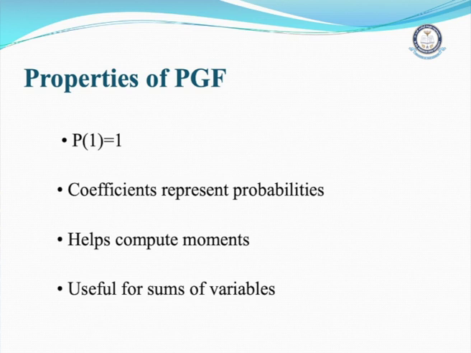The coefficients represent the probabilities, and it helps in computation of the moments, and it is useful for sums of variables. If x plus y is there, the sum of the two variables, the generating function equals the product of the individual functions. Addition follows product here. That is one of the properties of generating functions.